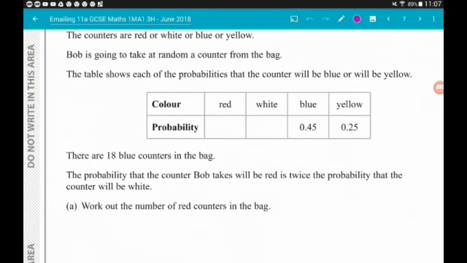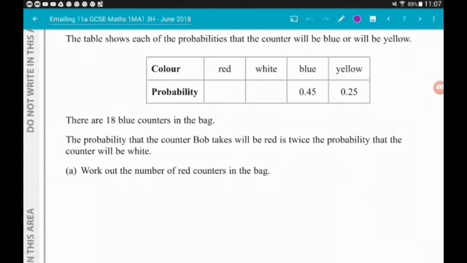First thing we can do is work out the probabilities of red and white. So we know probability has to add up to 1. So at the moment in the table we've got 0.45 add 0.25, which is 0.7.